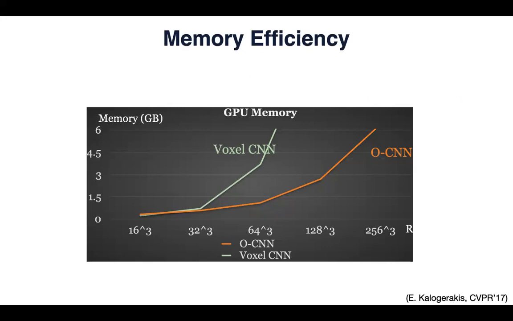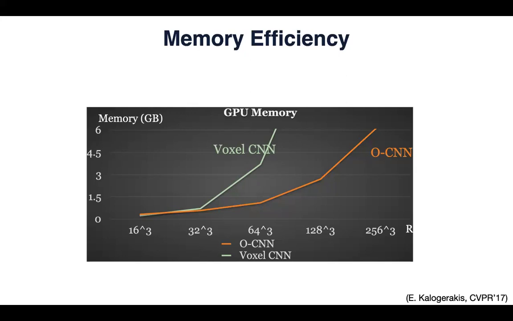You see that for voxel CNN, we can go up to 64 cubed, and then it becomes unfeasible, not practical to do it. And then for octree CNN, we can go beyond 256, and we still can do it very nicely.